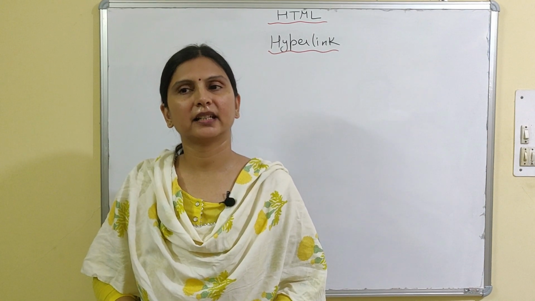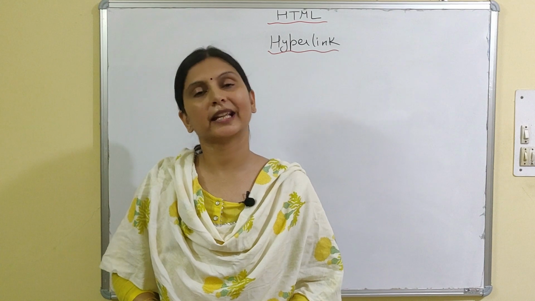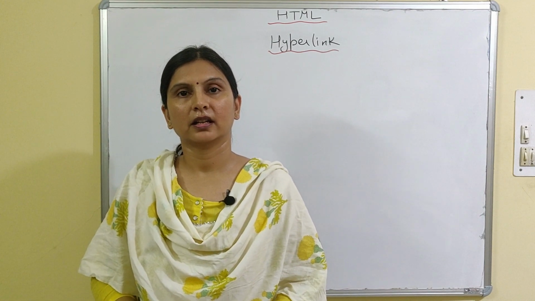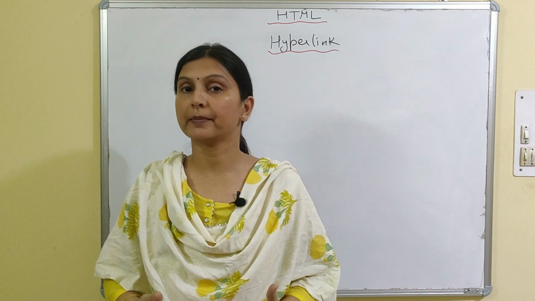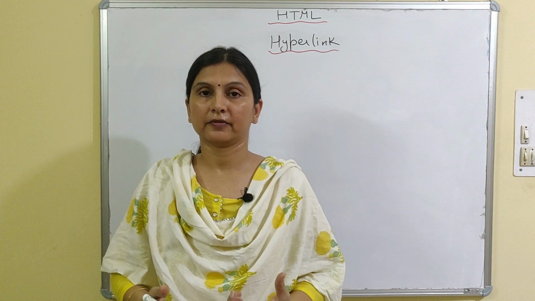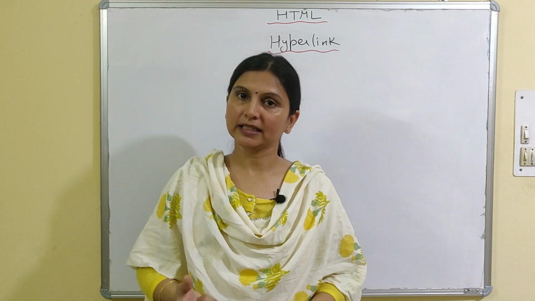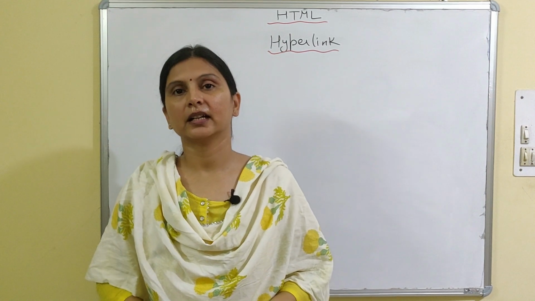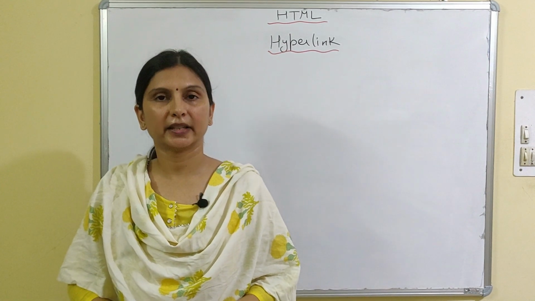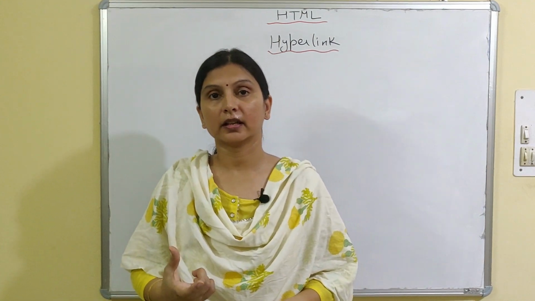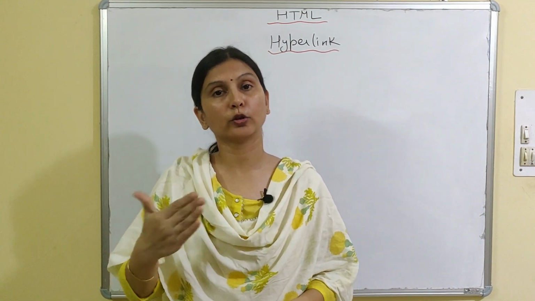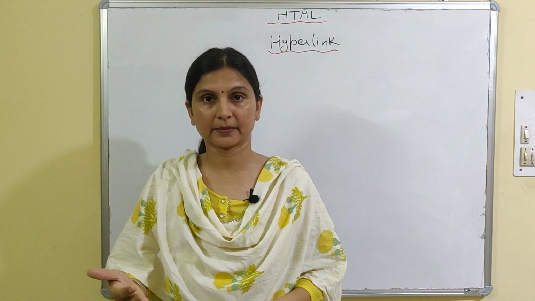A hyperlink can be a text or it can be an image through which we create a link between two web pages. Fine. So it can be a text or it can be an image. For example, when you open any website, you first see the home page, and then from the home page, how do you go to the other pages?